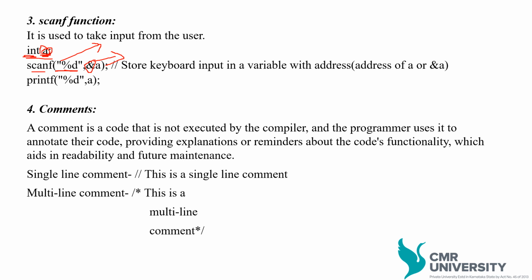And programmers use these annotations or comments in their code to provide explanations or reminders about the code functionality, which is very useful for readability and future maintenance by other programmers, and also for the same programmer to memorize and see all the things which he used in it. So that's where comments are useful.